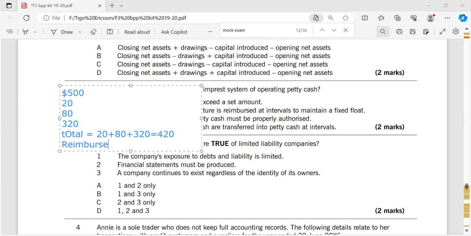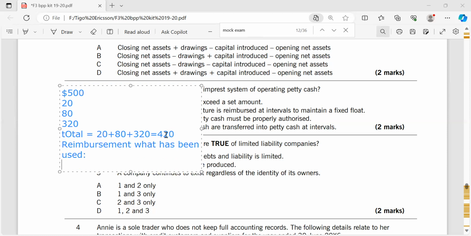We reimburse actually what has been used. We used 420, so I would add 420 to what was originally existing.